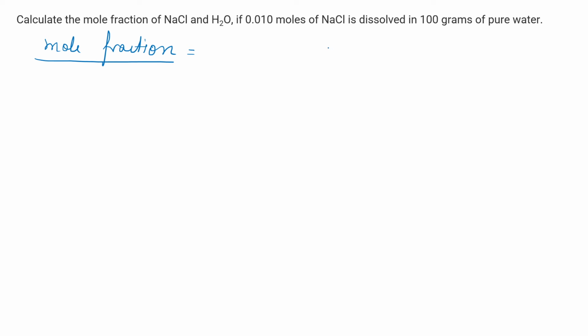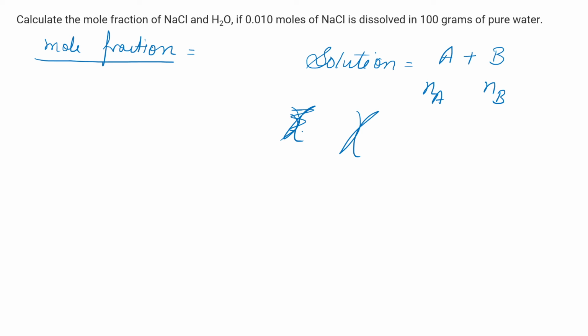So, let us say we have a solution containing A component and B component. In this solution, there are Na moles of A and Nb moles of B. So, what is the mole fraction? Mole fraction is defined by this term.